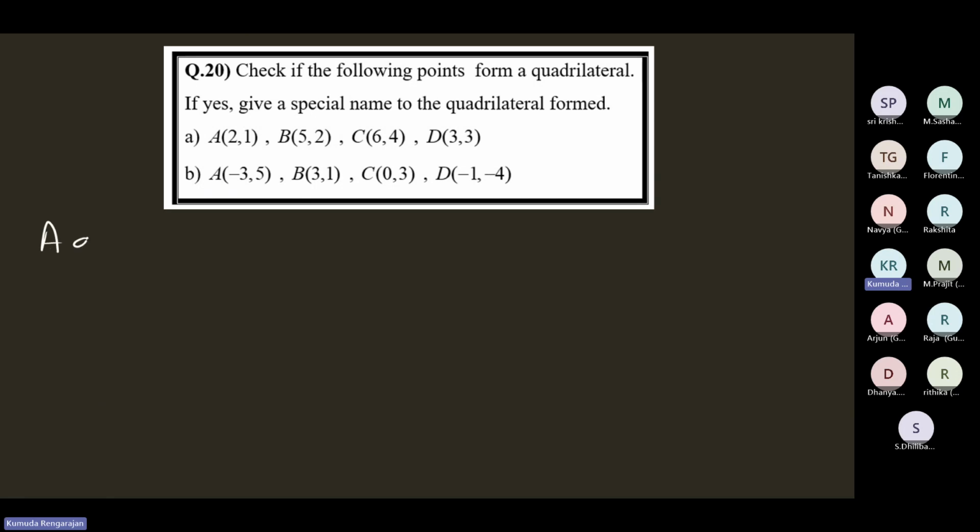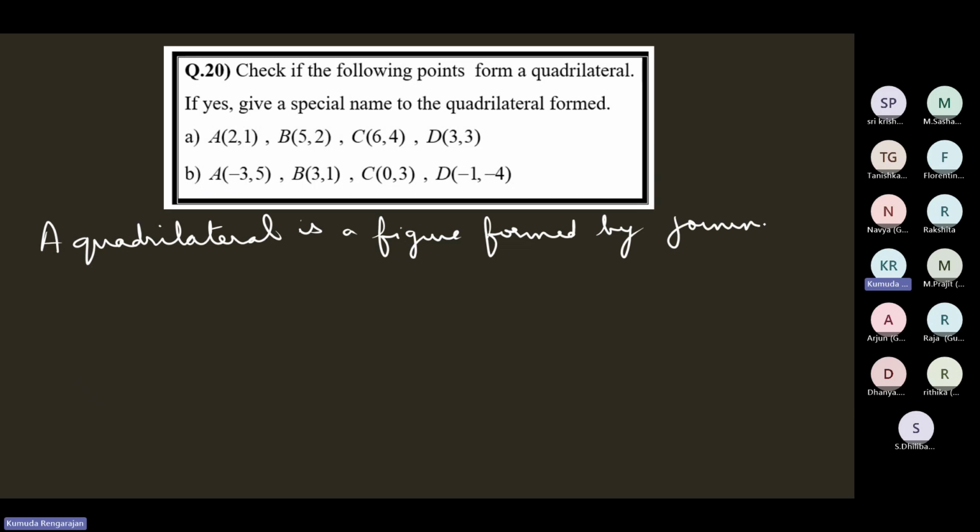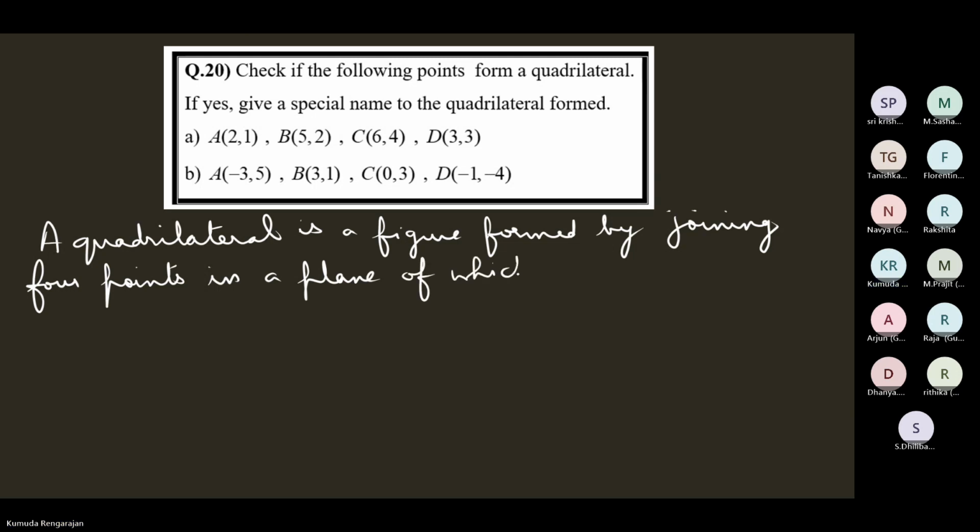A quadrilateral is a figure formed by joining 4 points in a plane, of which no 3 points are collinear.